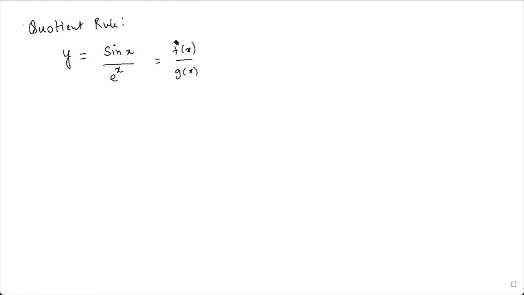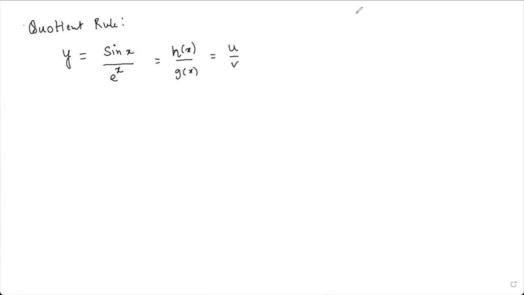Maybe I can give this another name. I'll write this as h(x). So this is h(x) over g(x), which we can traditionally rewrite as u over v.